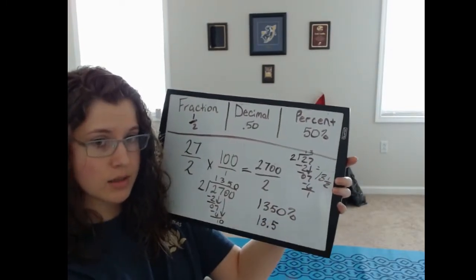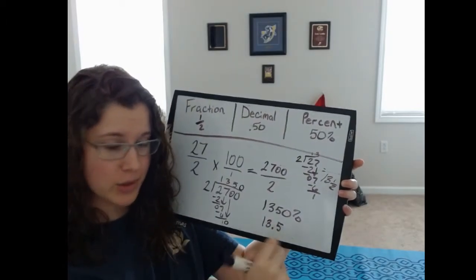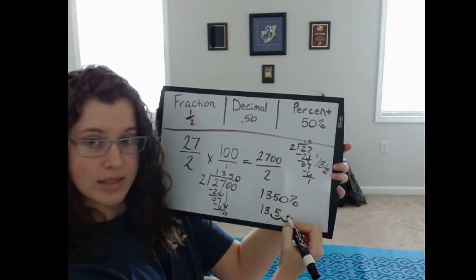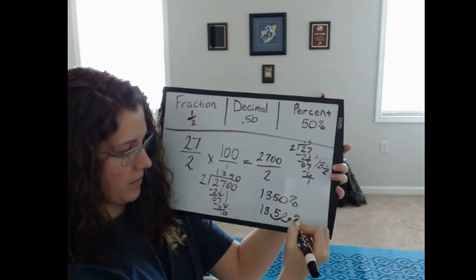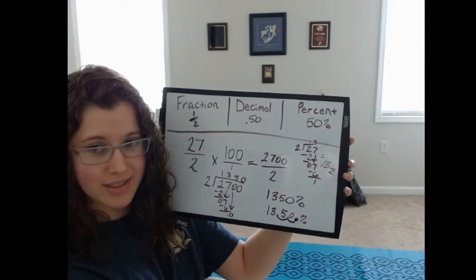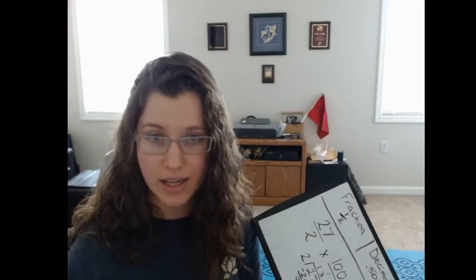If I move my decimal 2 places to the right, like I always do when I change decimals to percents, 1, 2, I've got a space there, got to add my 0, and then write my percent sign. 1,350%. I know, it's weird. That's a weird looking number, but that's how you do it.